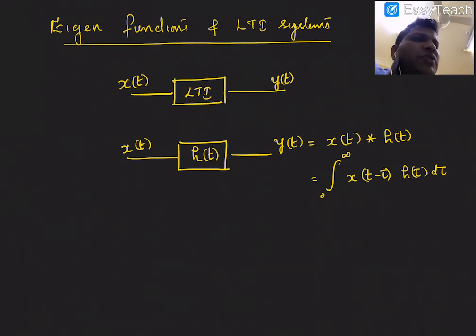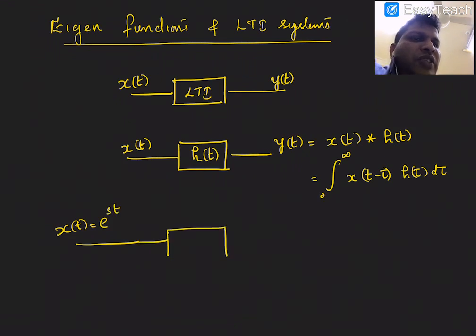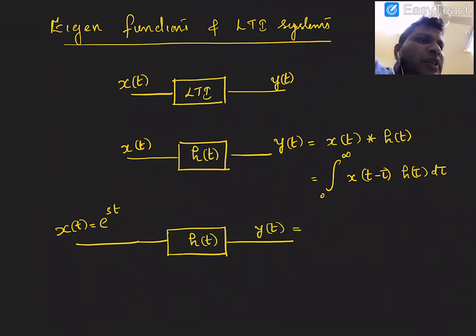Now consider some special functions. These functions are known as eigenfunctions. So consider the special function. Let us assume that our x of t is equal to e power st. Now let us pass it through the system. Then you will get y of t as the integral from 0 to infinity of x of t minus tau, that means e power s(t minus tau), into h of tau d tau.